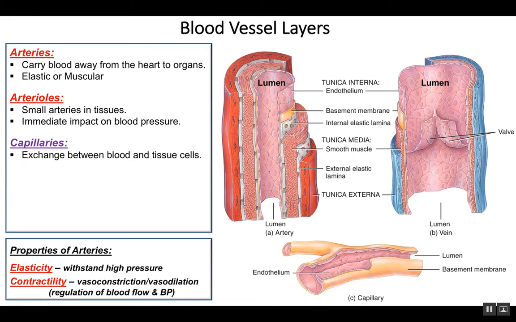They lead to capillaries, and capillaries are going to be able to do exchange between the blood and tissue cells, whether it's gases, oxygen and CO2, or nutrients and waste, or delivery of hormones. Capillaries allow exchange. Capillaries will then lead to venules or small veins that are found in the tissues, and those will begin to merge together to form the larger veins, which will carry that blood back towards the heart.